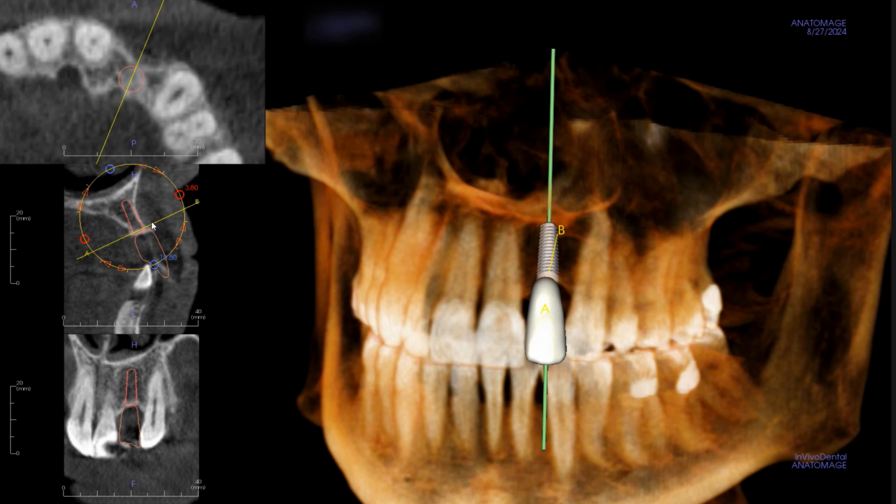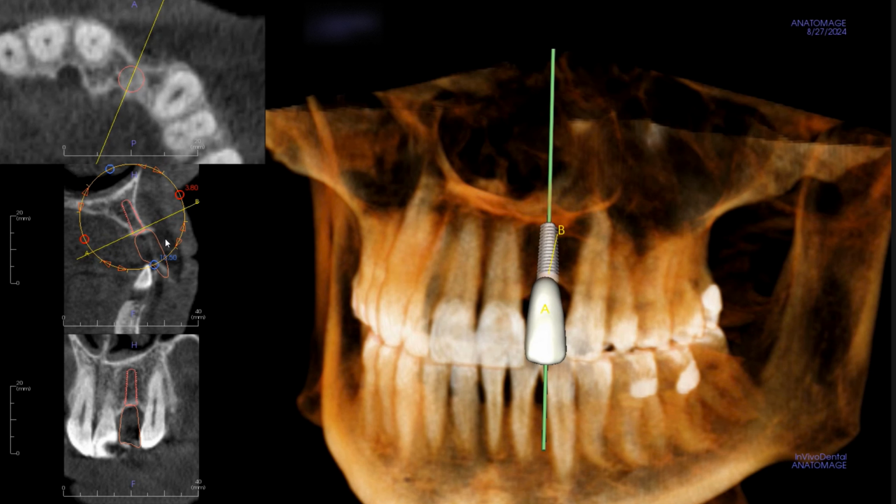We don't want ridge lap, and horizontal, although possible, isn't the most periodontally sound emergence profile. So if we want this crown to emerge, say right here, but the implant platform is right here, that's a rather horizontal emergence profile, which will then require a rather sharp angle of the crown.